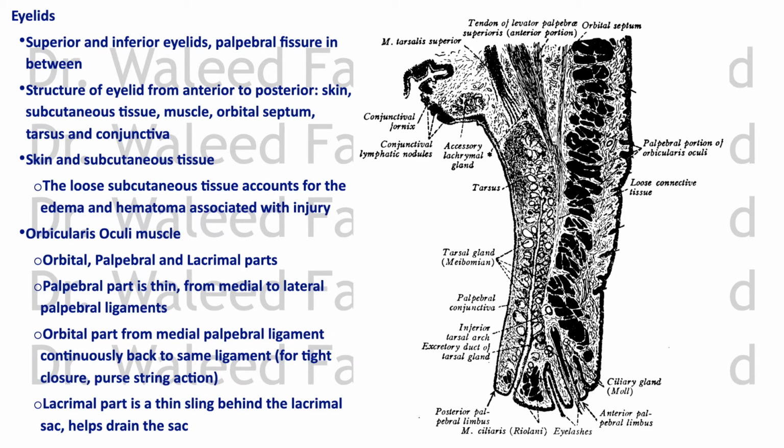Since we mentioned the orbicularis oculi muscle, we talked about it before. Let me remind you that it has three parts: the orbital part, which is the large continuous part outside the orbit, and that arises from the medial palpebral ligament but is not attached to the lateral palpebral ligament, as I told you before, for the purse string action or tight closure of the eye.